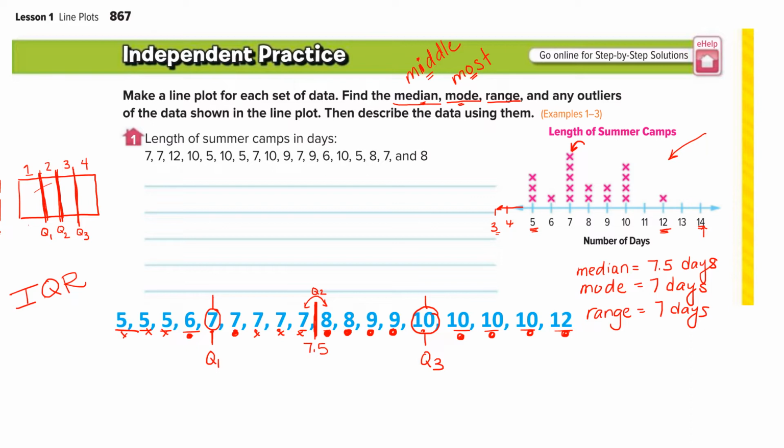Now, we have split our data into fourths. 1, 2, 3, and 4. So I have my data split into fourths. And now I'm going to find the interquartile range.